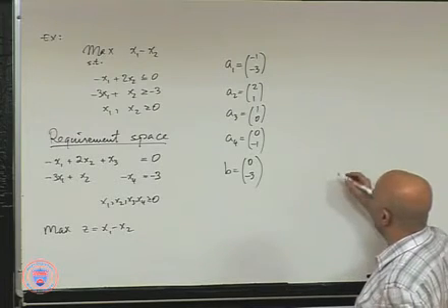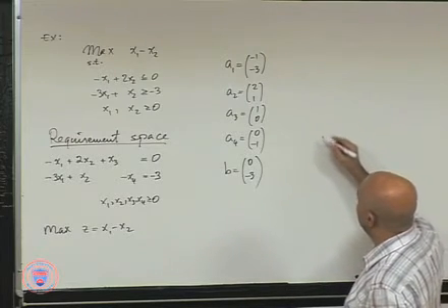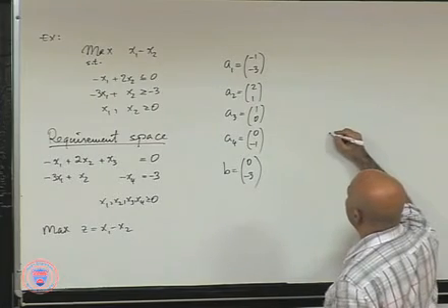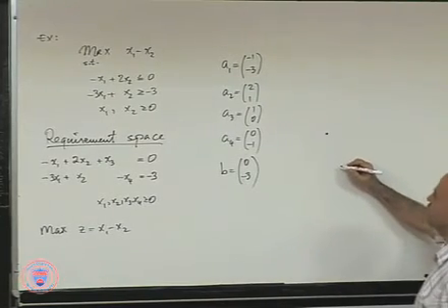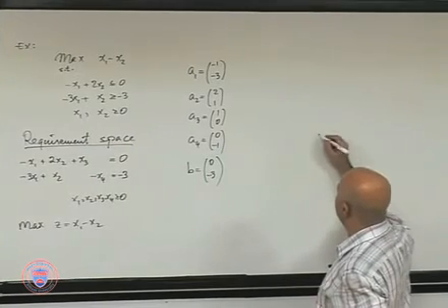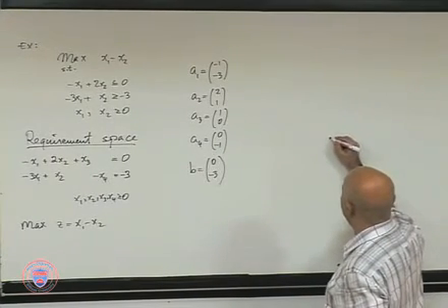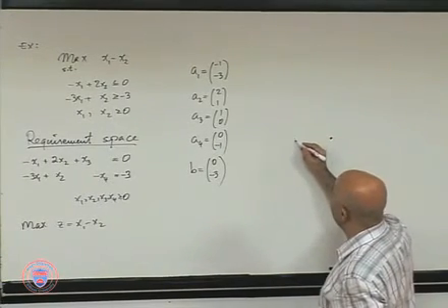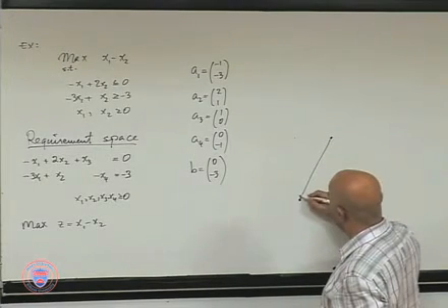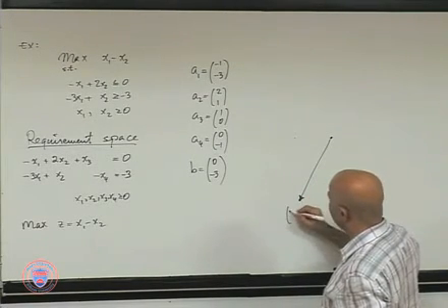Well, let's just plot them and see. If I assume this to be the origin, minus 1 and minus 3: minus 1 this way, minus 3 that way. So this is my first vector.